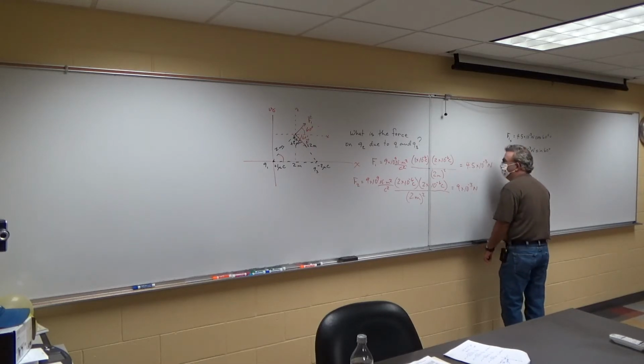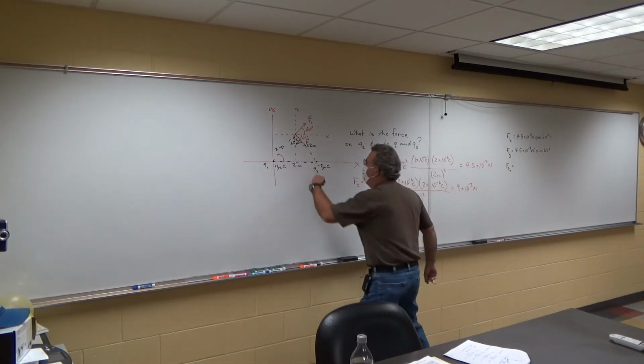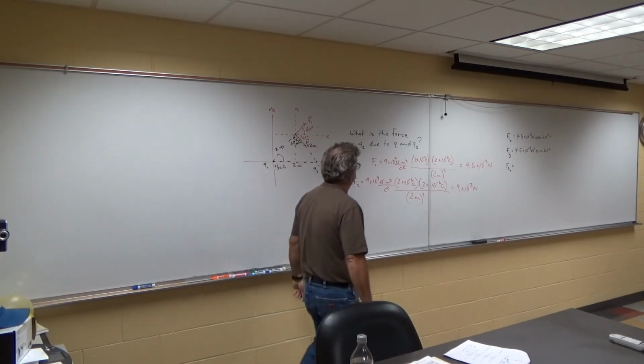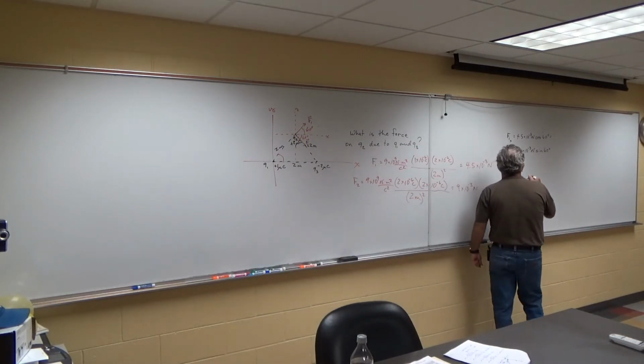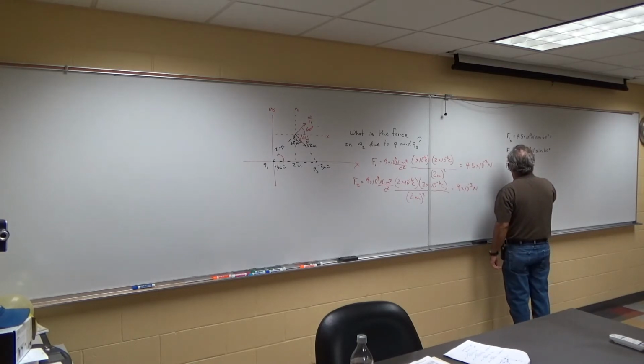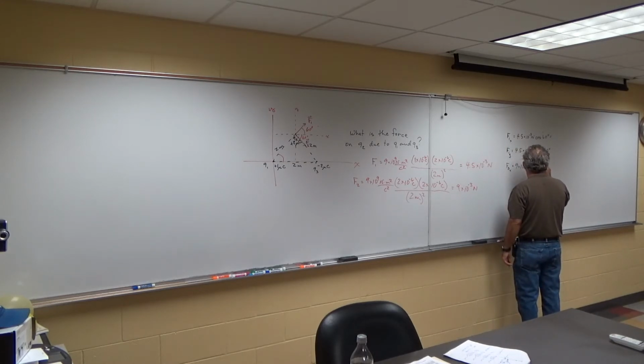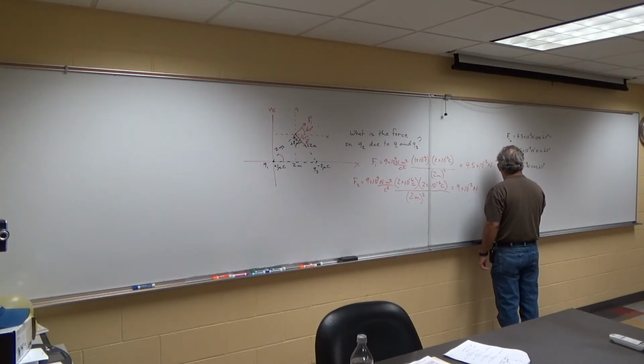F3x is equal to, well, F3x is something positive. That's going to be 9 times 10 to the negative 3 newtons cosine 60 degrees. Here's where I have to be a little bit careful.